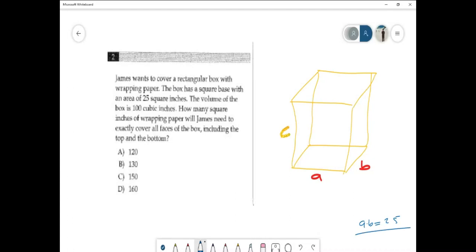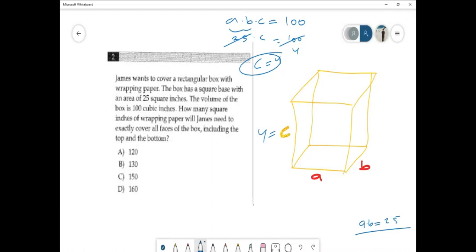A times B should be 25. The volume of the box is 100 cubic inches, so A times B times C is equal to 100. I know A times B is 25. Then what is C? I can cancel it to be 4. Then C will be 4.